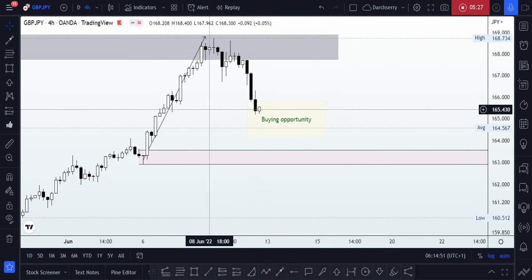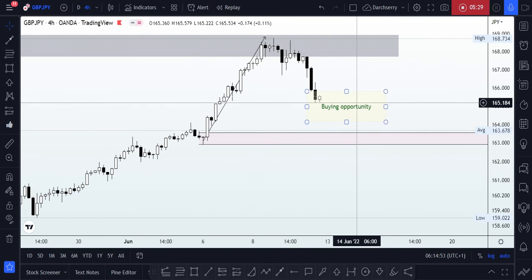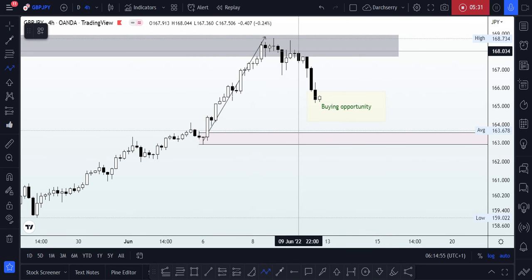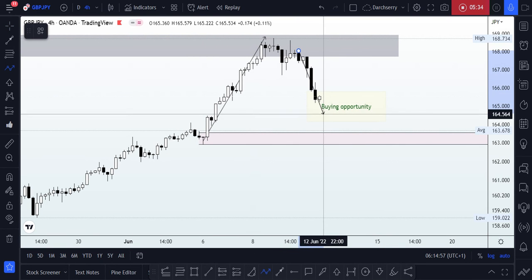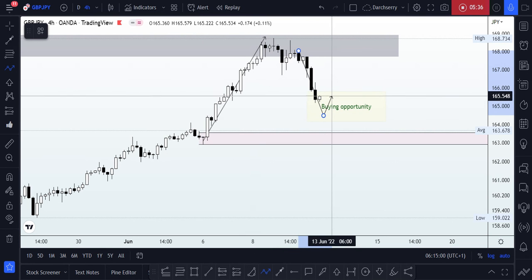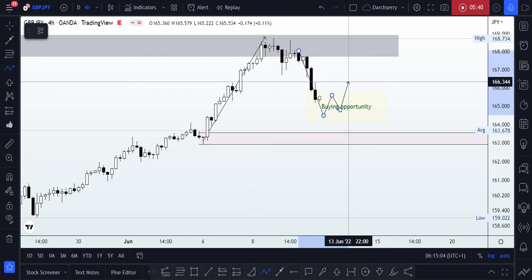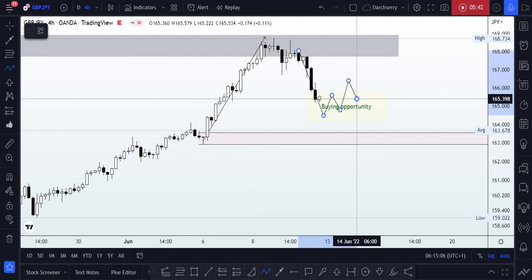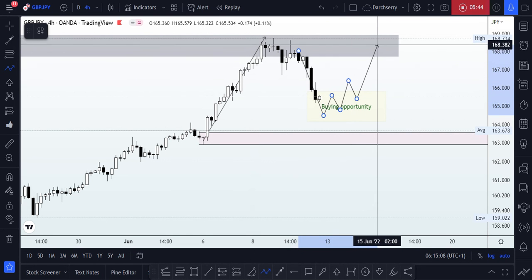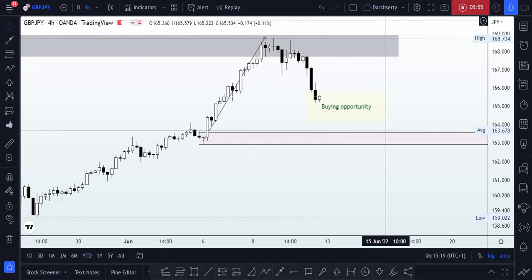So personally for me, going into the new week, I want to see a reversal pattern, probably in the form of a double bottom structure, an inverse head and shoulders, a 1 2 3 reversal pattern where I'll be looking out for a breakout of structure, a retest of structure to take advantage of a bullish move that might see us break through the ceiling of the 168.500 area as we move on into the new week.